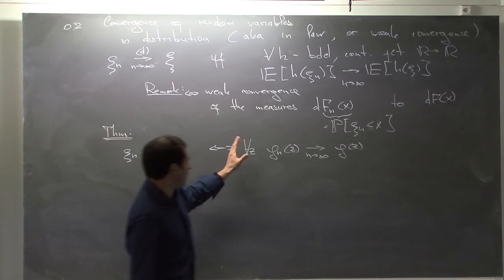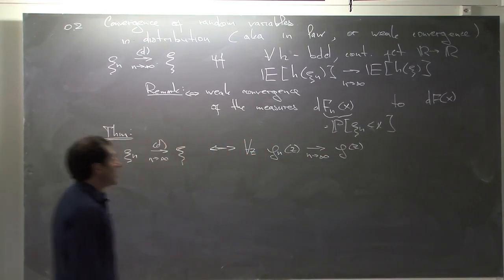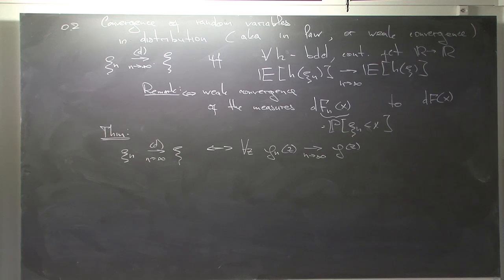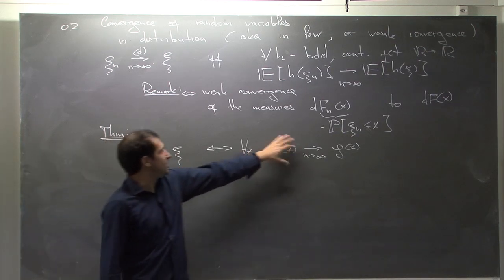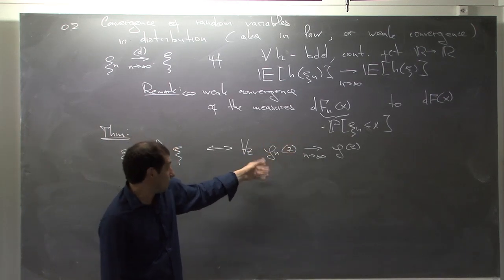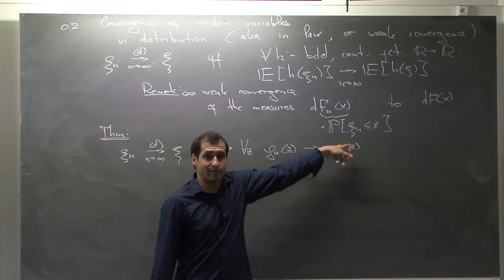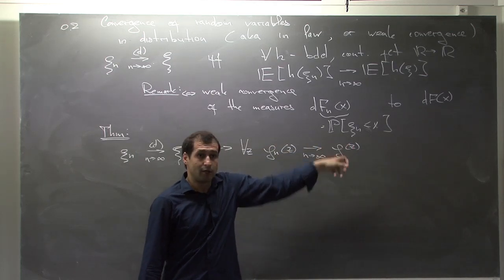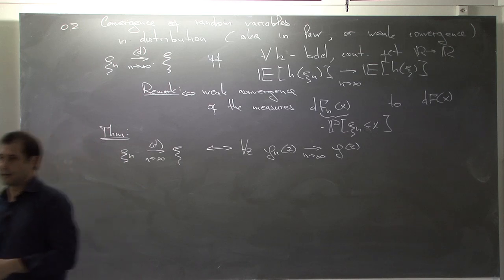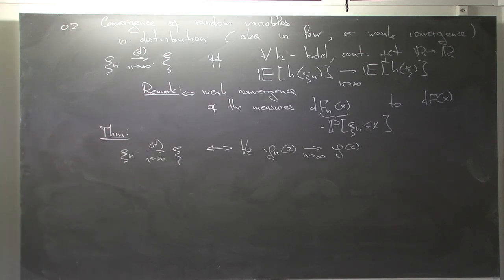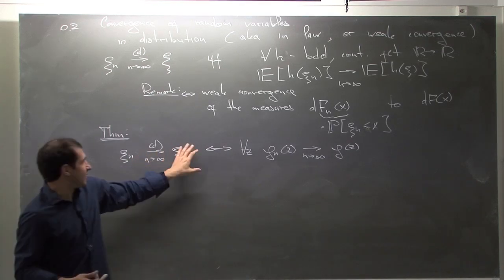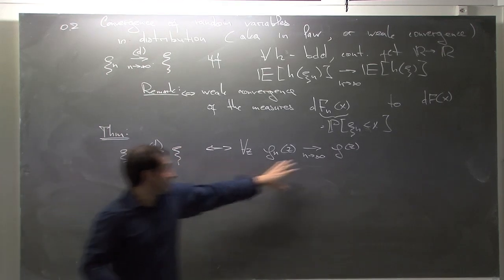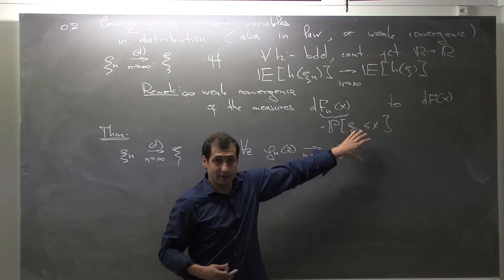For the inverse statement, you can also wonder, okay, if I'm just given this sequence of functions and I know that they do converge to something pointwise, do I know that this is indeed the characteristic function of some random variable? So this is a meaningful question. Here it's implicitly assumed that I already have xi, and so I already have this phi of z.